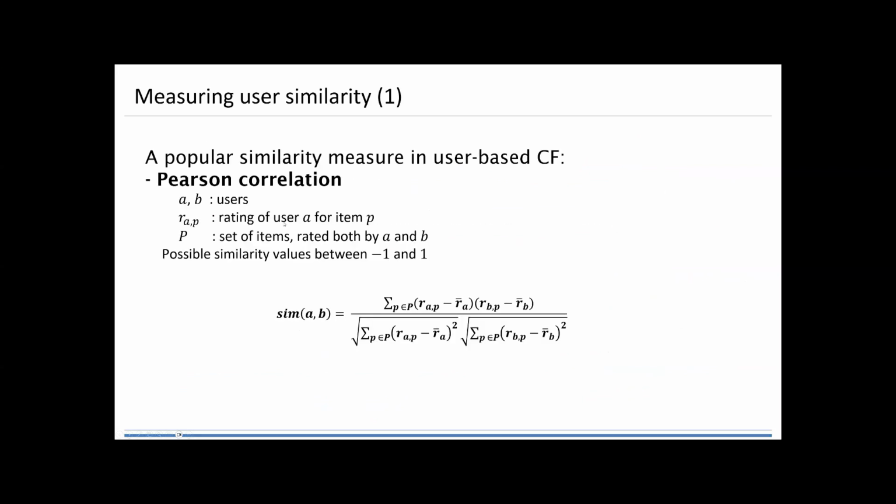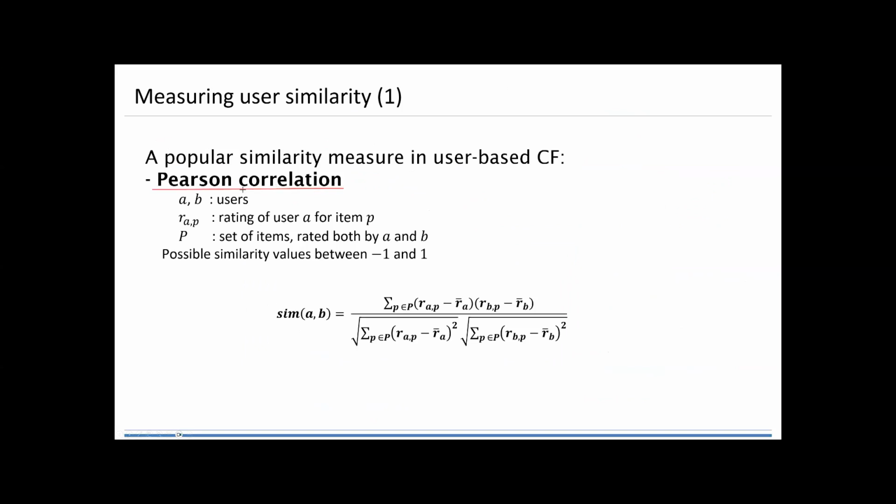First, we are going to use a popular similarity measure in user-based collaborative filtering. It is called the Pearson correlation. We already learned this in the previous lectures.